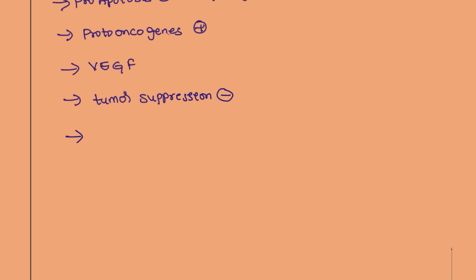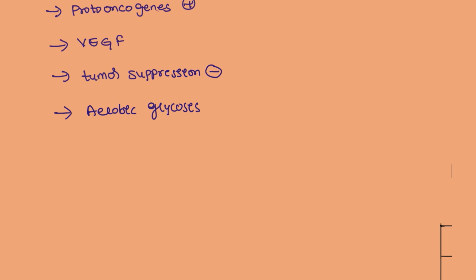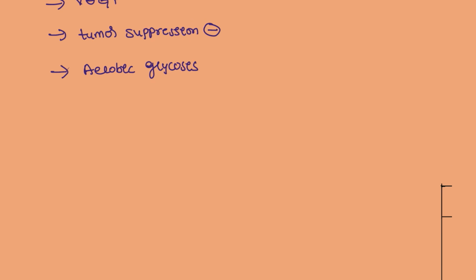So how about food? Every cell needs food also. So for the food, they are going to use aerobic glycolysis. How is this aerobic glycolysis going to work, guys? Most of the aerobic glycolysis works with the help of the Warburg effect.